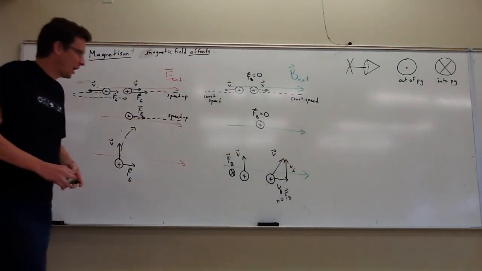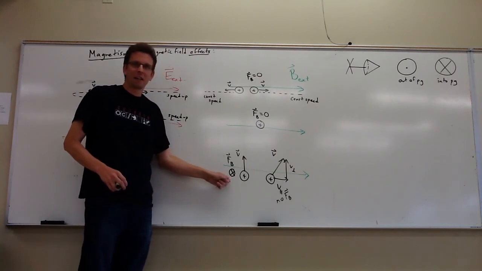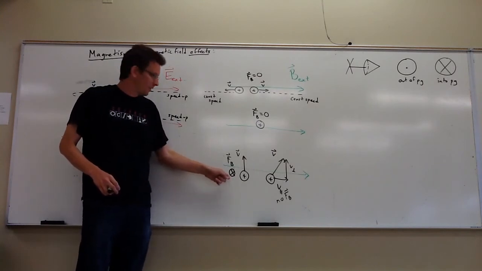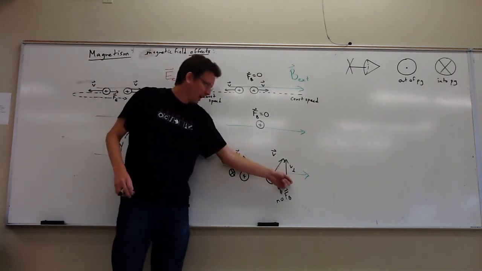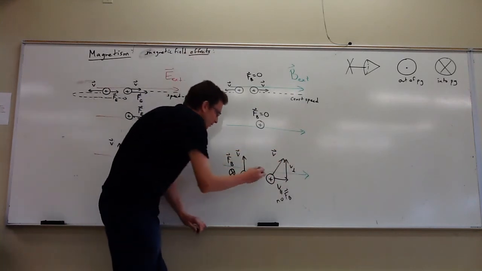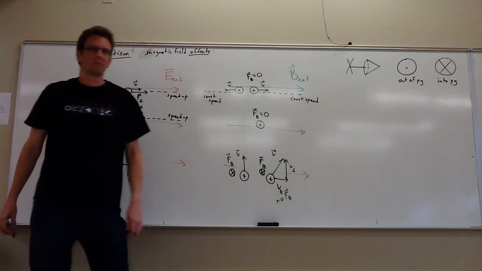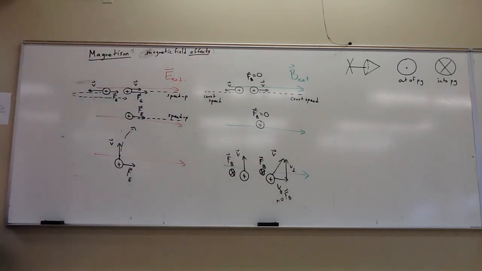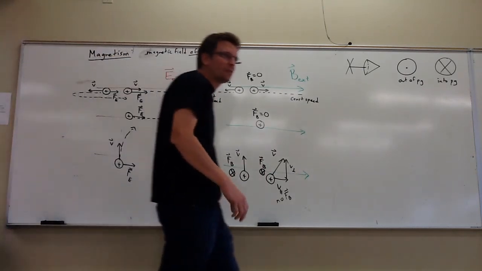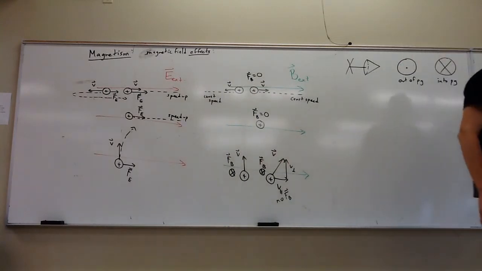And I can point out here, while I didn't tell you how to get the direction of this force, if this is correct, then this is exactly the same direction, so I can safely conclude that the magnetic force must be in the same direction. Okay? So that is what it takes for a magnetic force to be exerted by a magnetic field, is that you have to cut across the field lines in whole or in part.